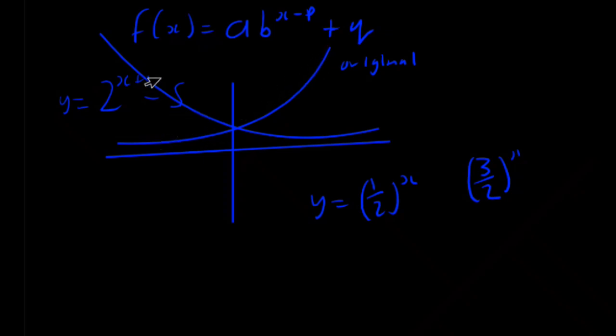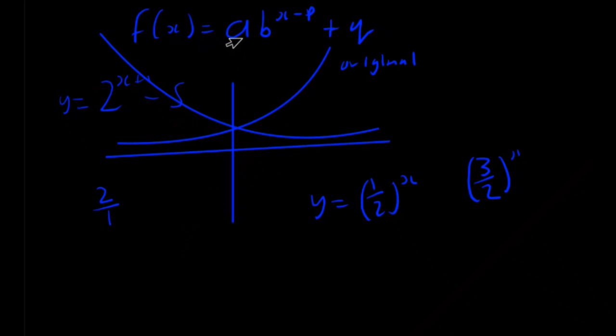But if b is a proper fraction, it's going to be the decreasing version. A whole number is also the same as an improper fraction. So 2 is just like 2 over 1. So if it is an improper fraction, it is the original shape, but if it is a proper fraction, then it is the decreasing function. So that's the first thing.